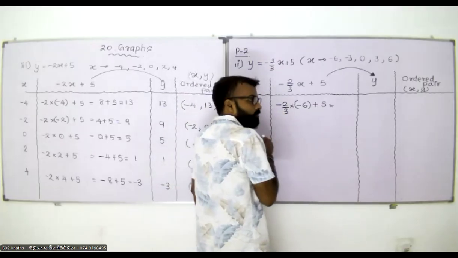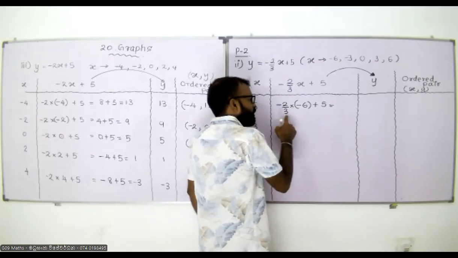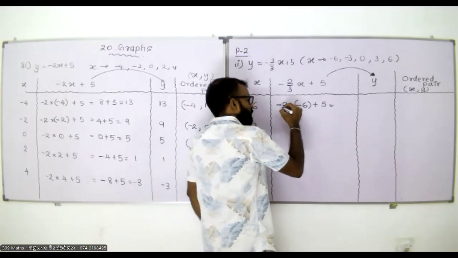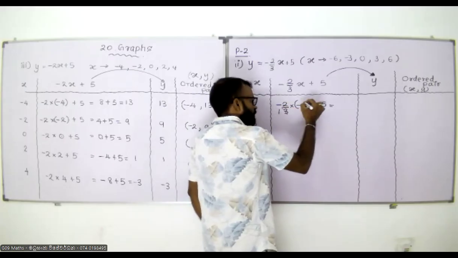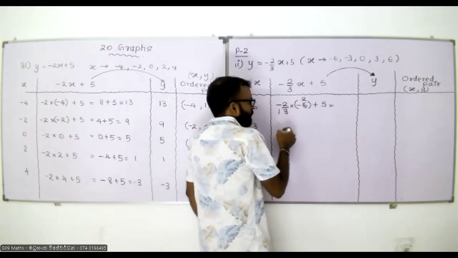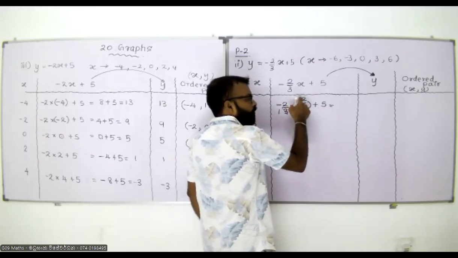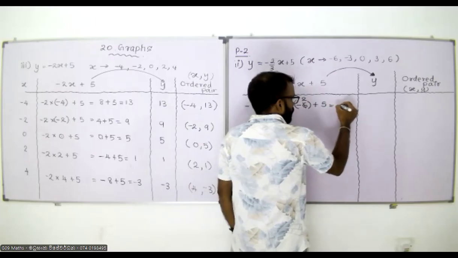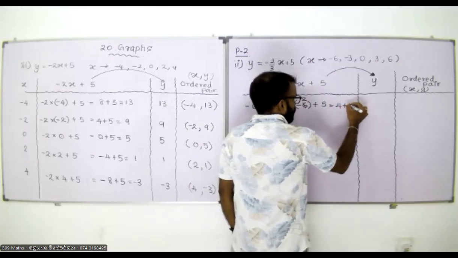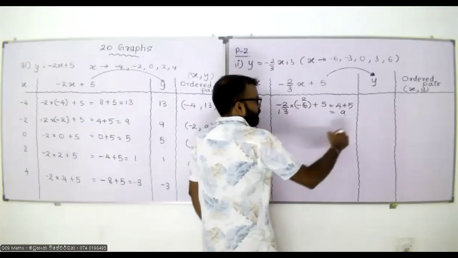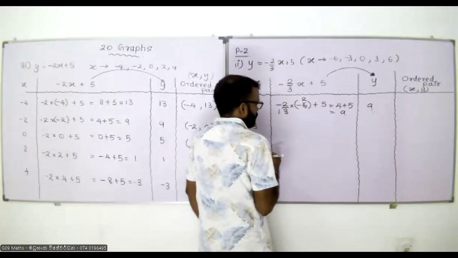Negative into negative, positive. 3 and 6, you can simplify, right? 3 times 1, 3 times 2. Negative into negative, positive, right? 2 times 2, 4. 4 plus 5, 9. Done. That means y value is 9.